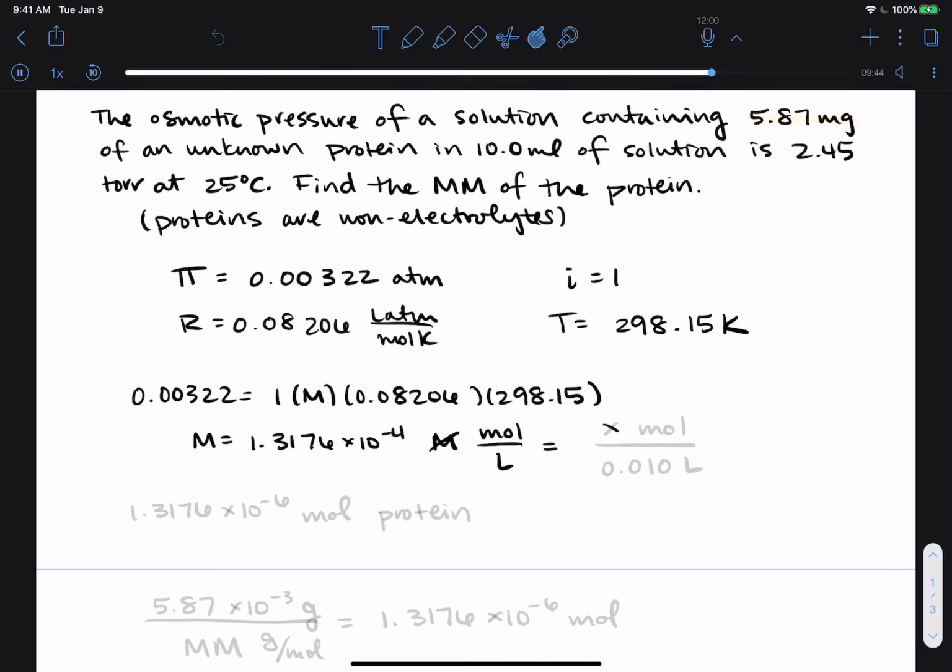So it's equal to some number of moles, which we're going to solve for, divided by the volume, but we need it in liters, so 0.010 liters. So this means that the number of moles of protein in solution is 1.3176 times 10 to the minus 6 moles.